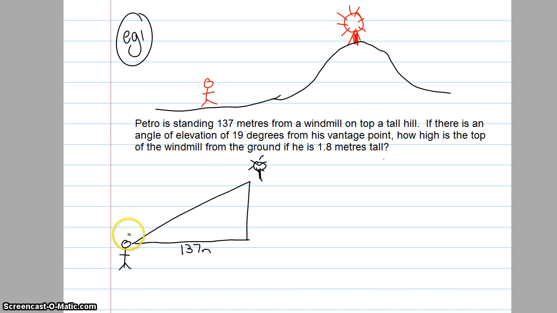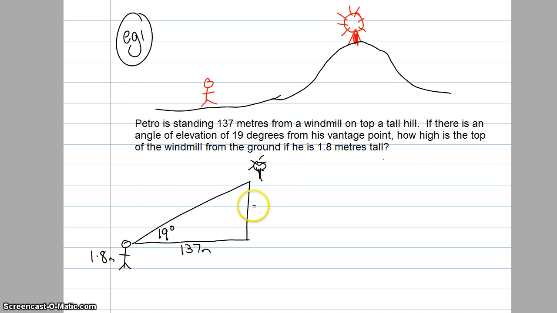Elevation from Petro, which is here, that is 19 degrees. Okay, so he goes straight onto the horizon and then looks up. That's 19 degrees. And we know that he's 1.8 metres tall. That will be important a little bit later. But first, I want to know how high the top of the windmill is from the ground.